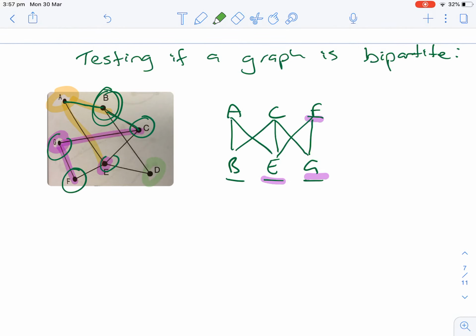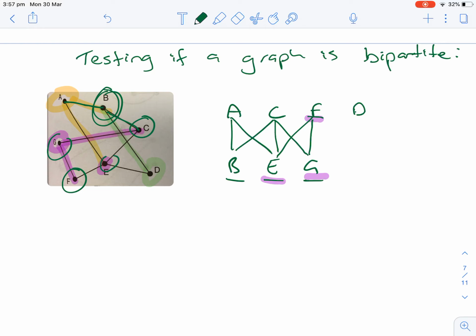So looking at D, wherever D is, and I don't have D written down at the moment in my redrawn one, but wherever D is, it's got to be on a separate team to B. So starting with that piece of information, given that B is on the bottom, then D would need to go at the top, and they would be connected.